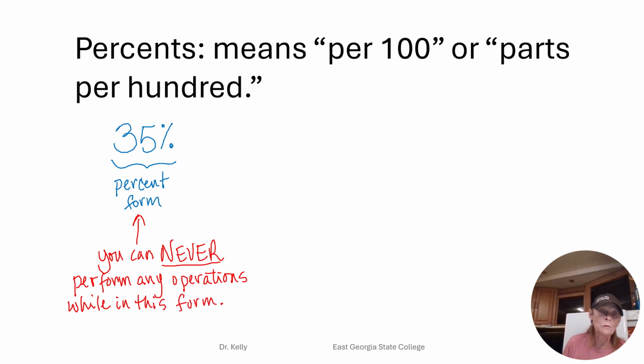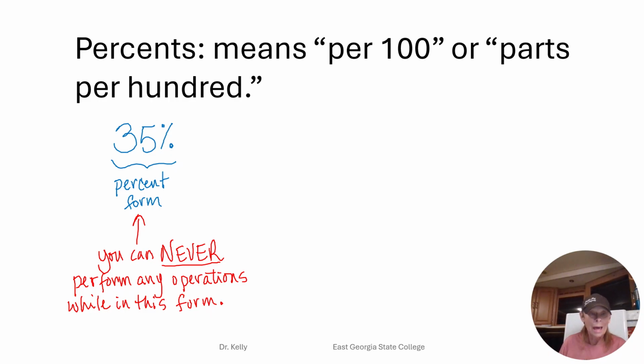We use the percentage form to describe something greater than just one item. When we say we have 35% of the cookies, that tells you something more than just 35 cookies, right? Because maybe it's not 35 cookies. So a percentage talks a little bit broader than just the number.